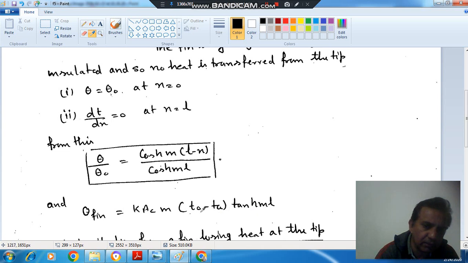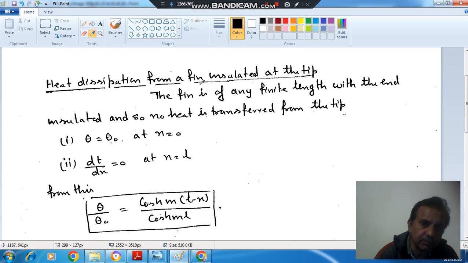So this formula is almost the same as that for an infinitely long pin, with an additional factor of tanh mL. And this is the temperature variation in case of heat dissipation from a pin insulated at the tip.